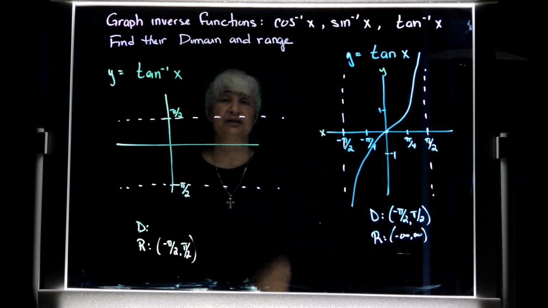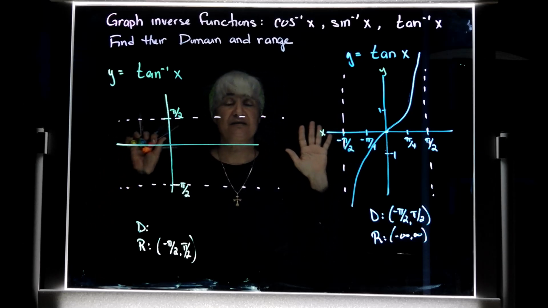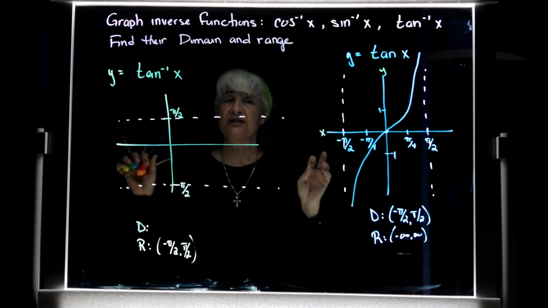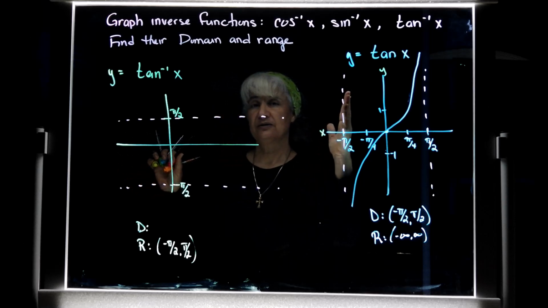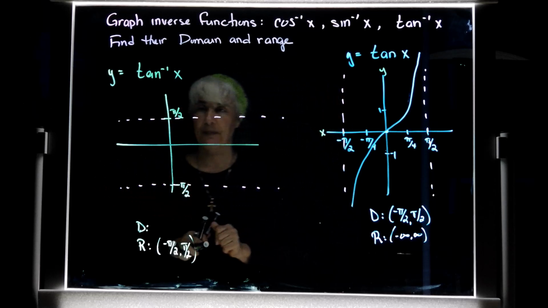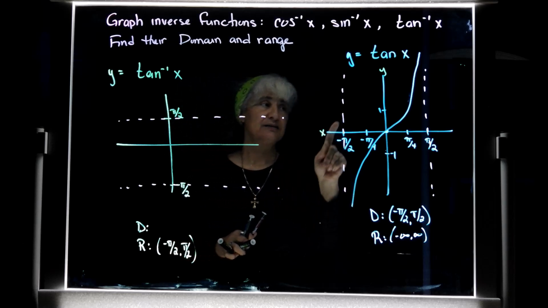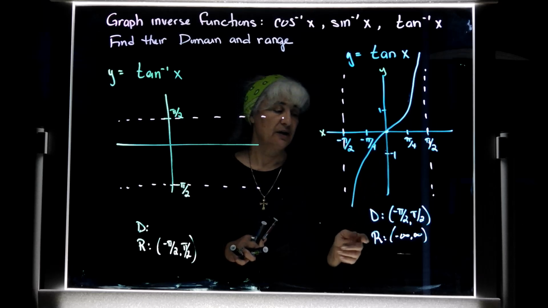Remember, things are going to switch, but the asymptote will always be the asymptote. Except instead of a vertical, the inverse is going to be the horizontal.